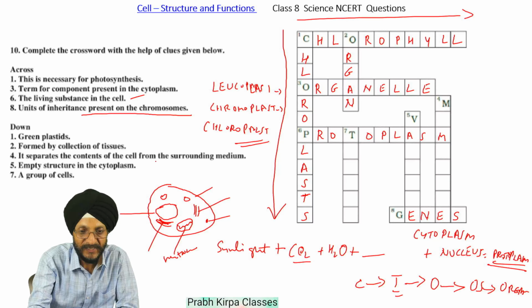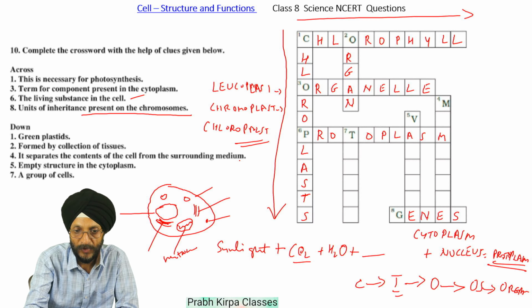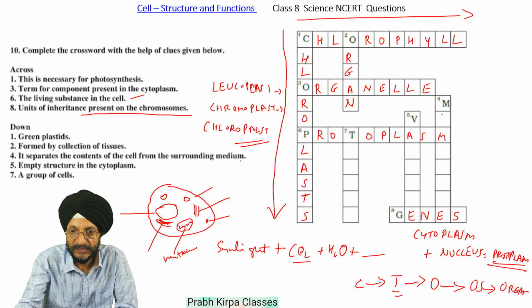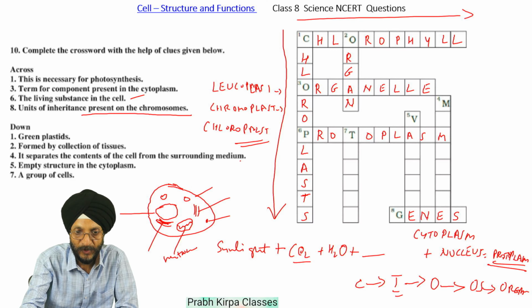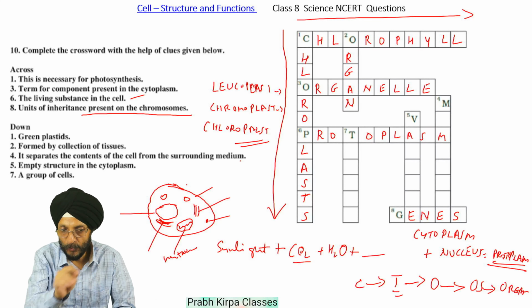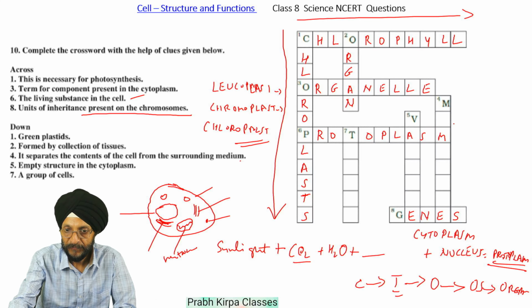Next, it separates the contents of the cell from the surrounding medium. Fourth is this. This is the outer covering of the cell. This covering is known as membrane.